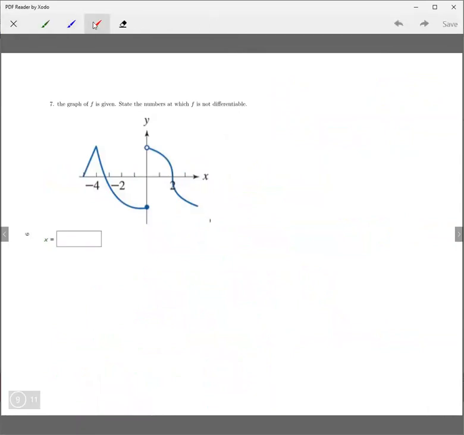Okay, let's move along to number 7. The graph of f is given. State the numbers at which f is not differentiable. There's actually a number of things to look for here.